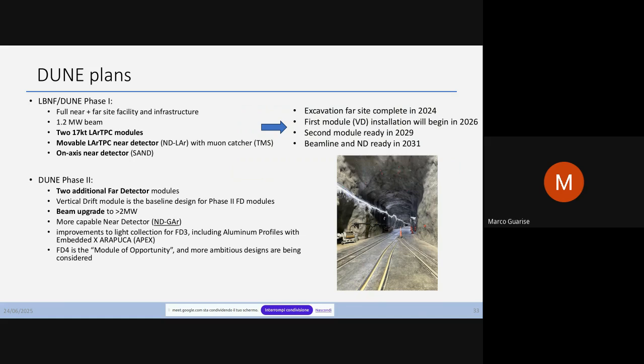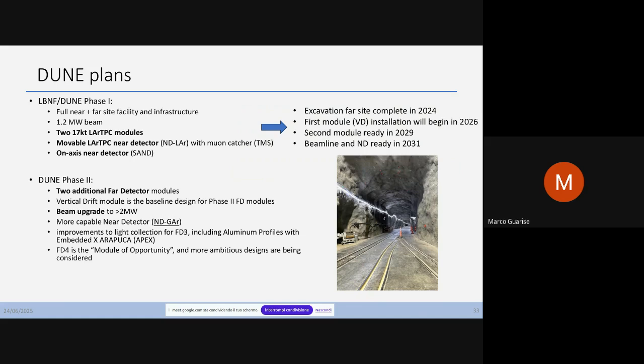The additional phase 2 instead will use an upgraded beam and two more far detector modules, but will start in 2035, 2036, so a few years later.